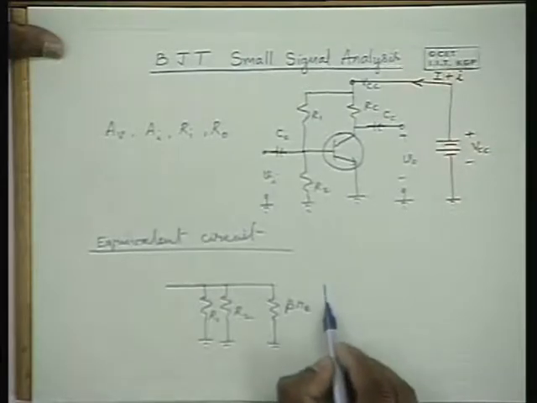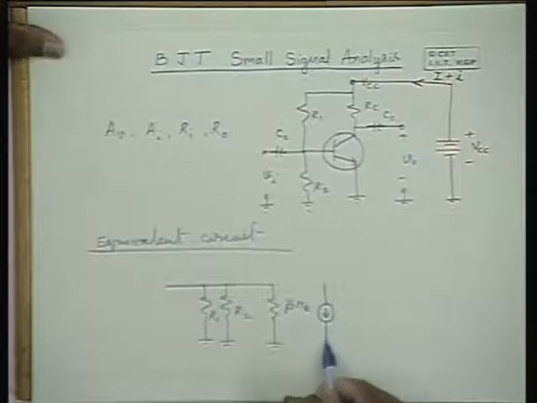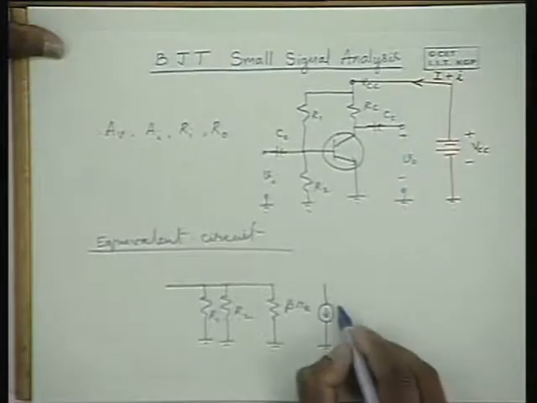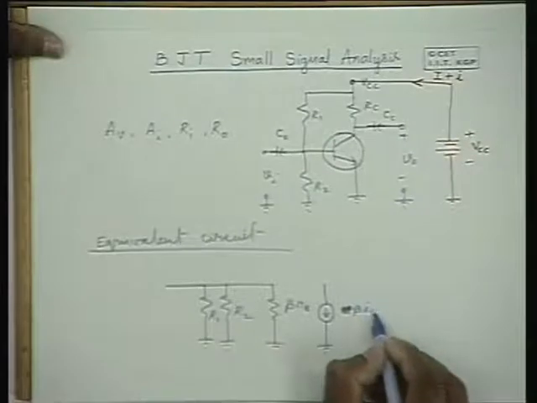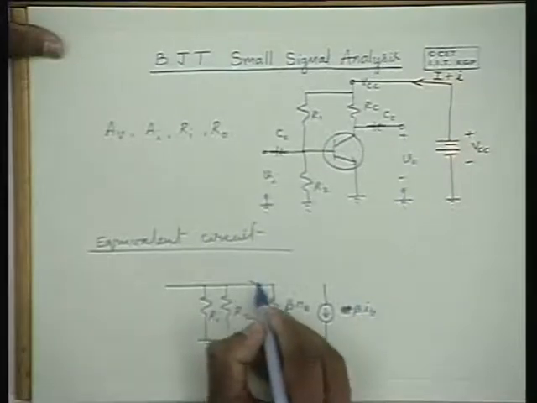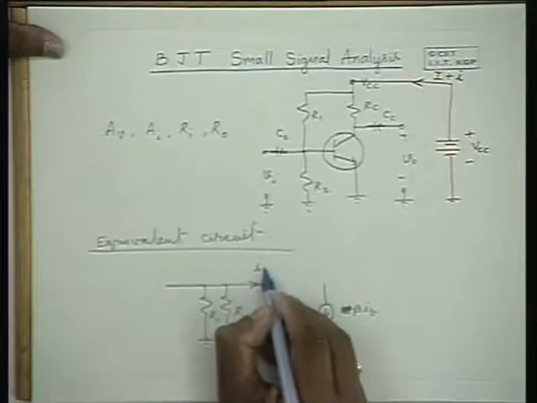and we have here a current dependent current source between the collector and the emitter, and this is 1 plus beta, beta times IB, where IB is the current flowing into the base.